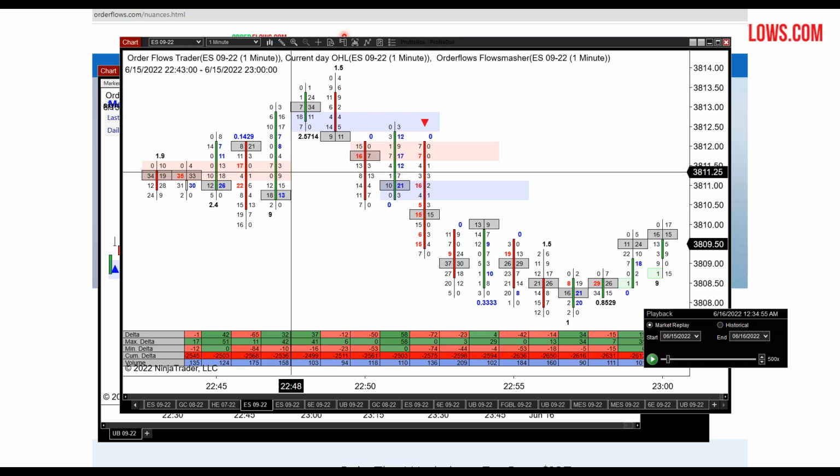Originally, region 1 was when I would trade order flow with just the naked footprint chart like this, looking for actionable order flow. That was just region 1. We opened up to region 2 once we started doing additional analysis of the order flow.